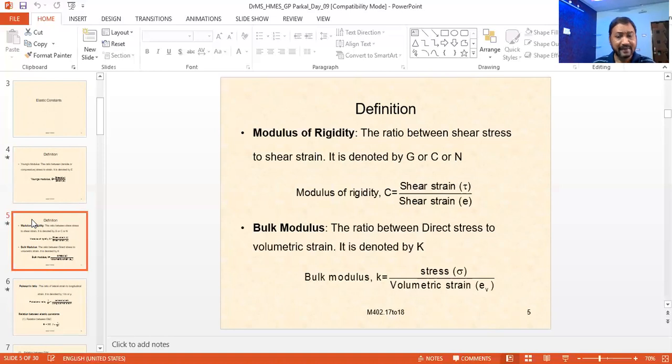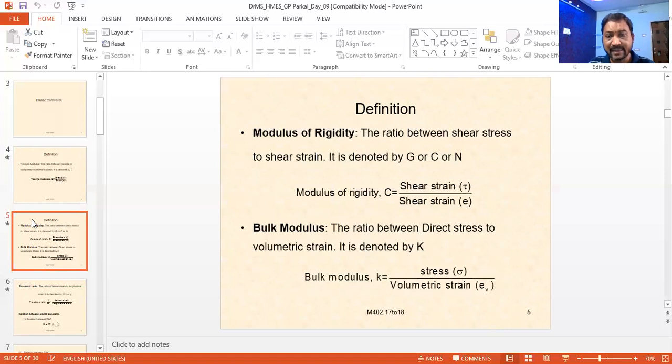In this case, the ratio of the shear stress to shear strain is called the shear modulus, or it is also called the modulus of rigidity. This modulus also indicates the rigidity of the material.